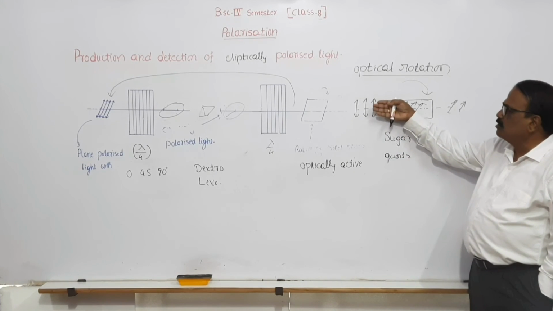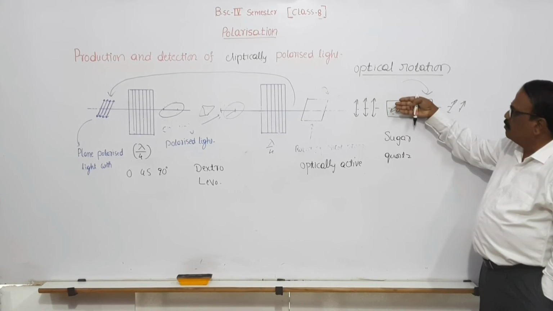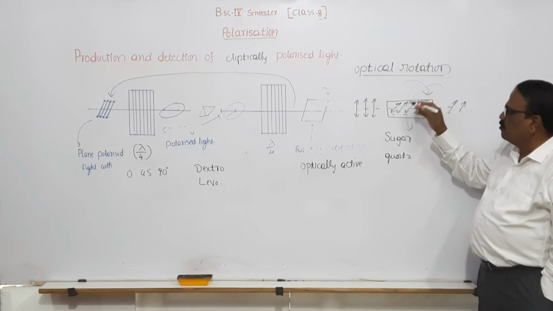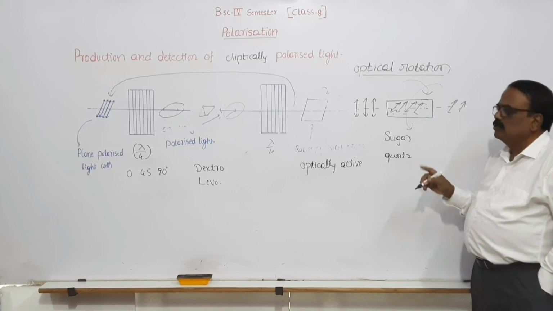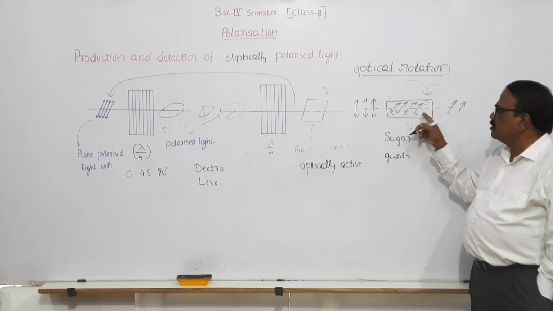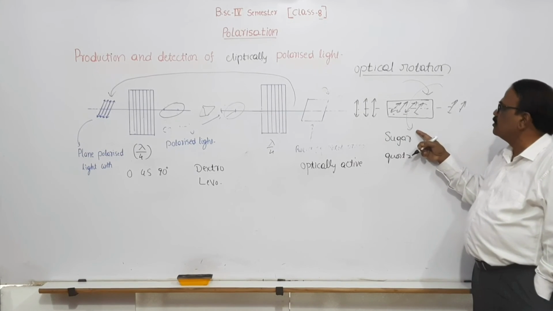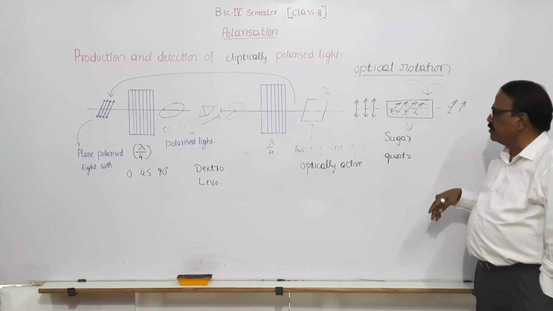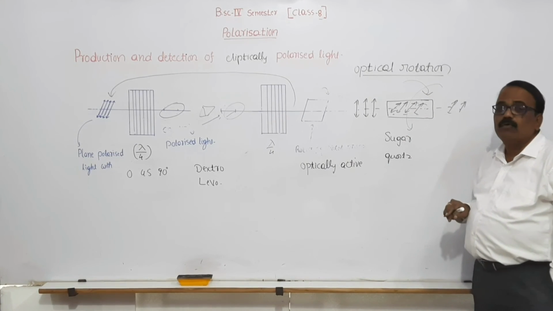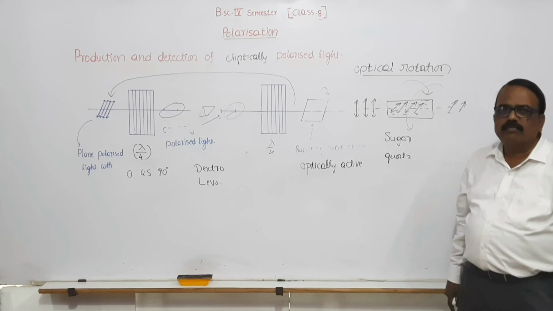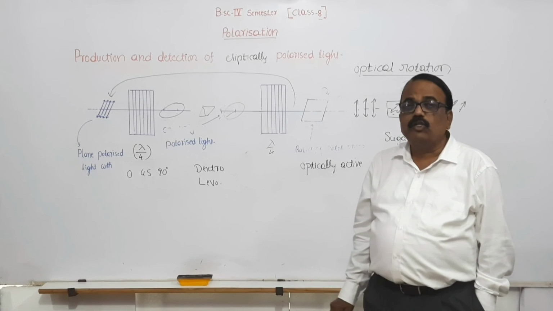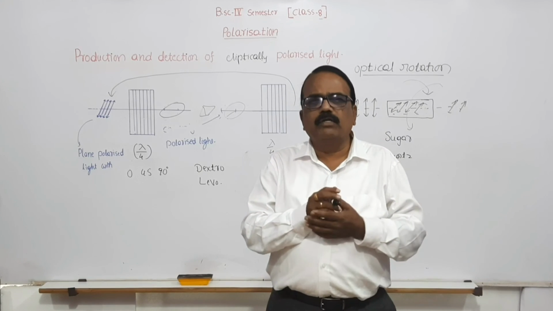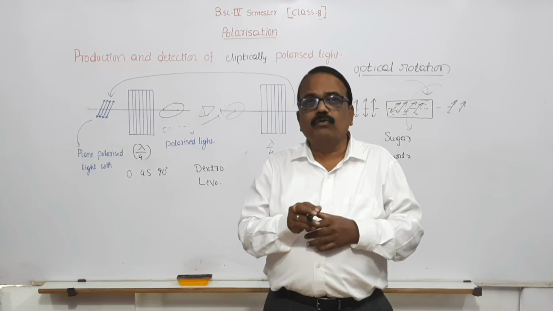If a substance rotates the plane of polarization towards the left, that is called a levorotatory substance. An example of dextrorotatory is sugar solution, and of levorotatory is fructose.